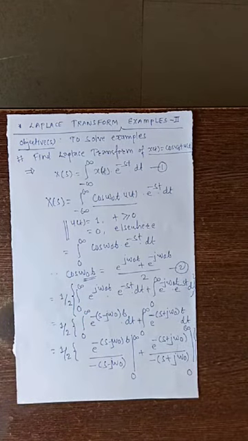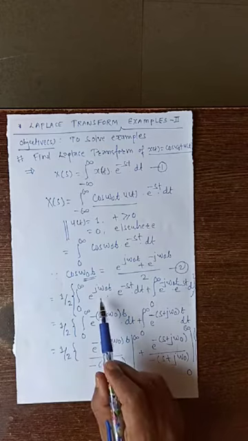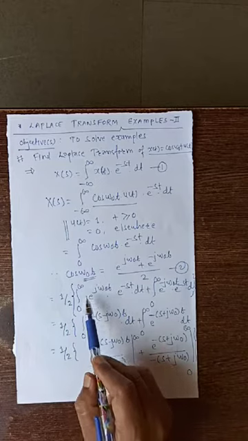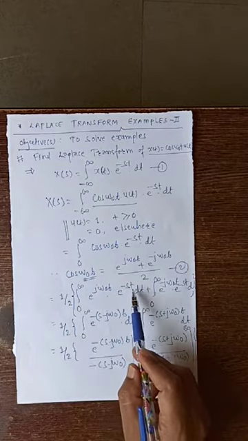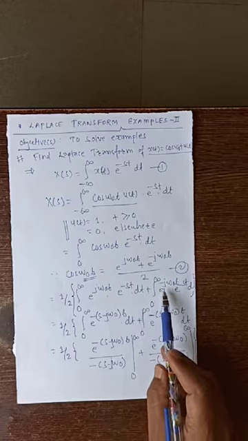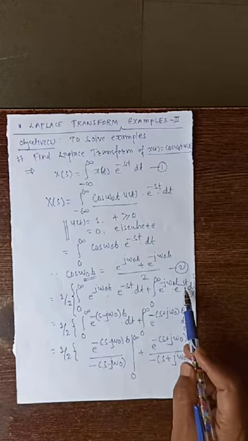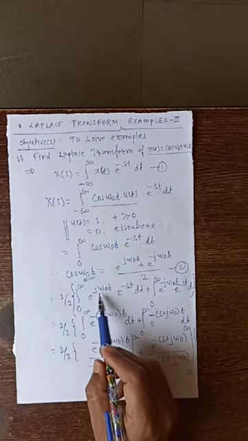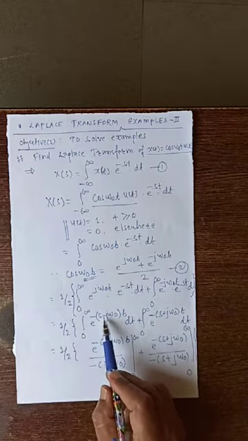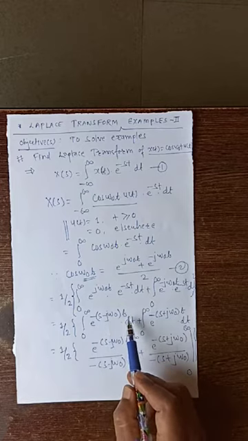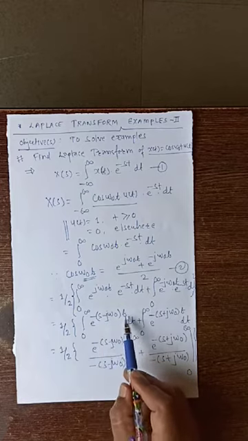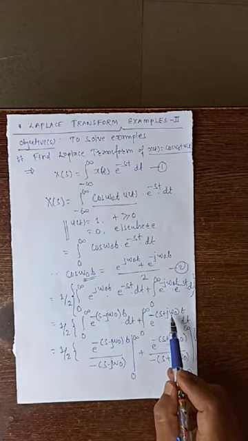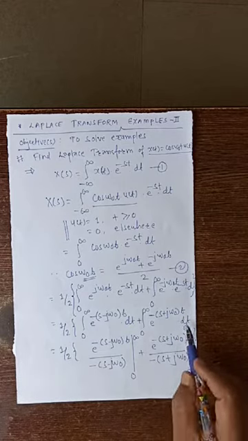Once again see here, this is equation number 2. Half is taken outside: integral 0 to infinity of e raised to j omega naught t into e raised to minus st dt, plus integral 0 to infinity of e raised to minus j omega naught t into e raised to minus st dt. So the minus sign is taken outside, and j omega naught remains, so minus s, minus minus becomes plus j omega naught. So e raised to minus s minus j omega naught t dt, plus integral 0 to infinity, again minus into bracket s plus j omega naught t taken outside, dt.